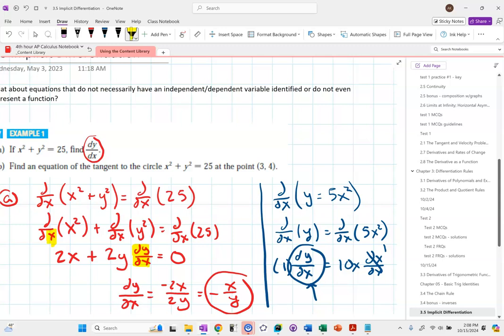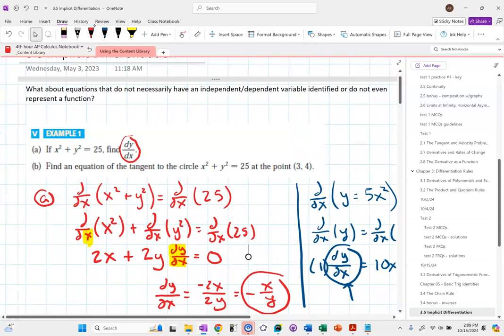So if I did d dr of t, I'd get 1 dt dr. If I did d dz of x, I'd get 1 dx dz. If I do d dz of z squared, I just get 2z because the variable's matched. Is everybody okay with that? Okay. Let's finish this question up because there's a part B.